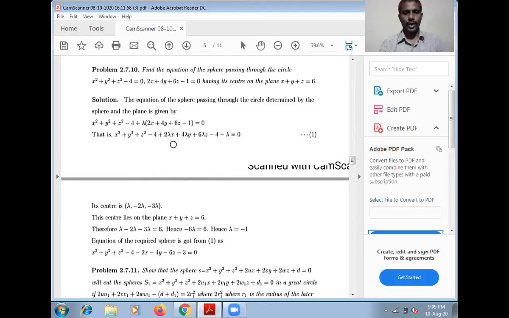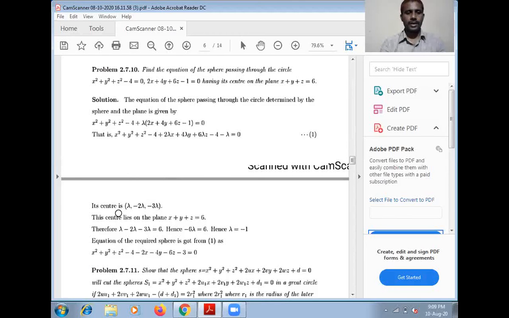Here, u equal to lambda, v equal to 2 lambda, and w equal to 6 lambda. We know the center is minus u, minus v, minus w. So lambda comma minus 2 lambda comma minus 3 lambda is the center.